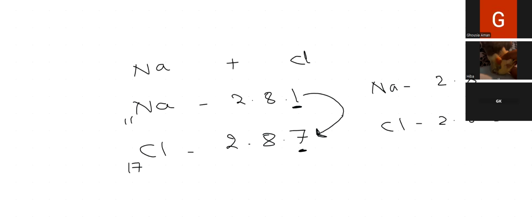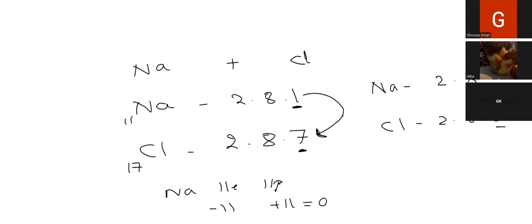Before the chemical reaction, sodium had 11 electrons and 11 protons. 11 electrons means each electron has a -1 charge, so 11 electrons have -11 charge. Each proton has a +1 charge, so 11 protons have a +11 charge. So -11 and +11 is 0. So before the chemical reaction, the charge on sodium was 0.